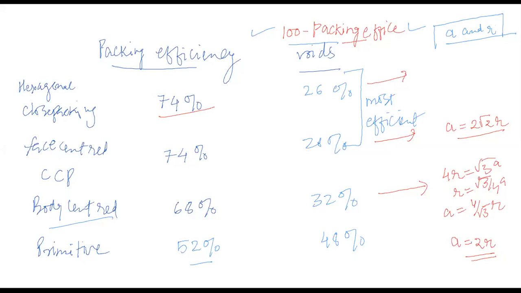A under root 2 upon 4. Can you repeat, please? What is the relationship between A and R in the hexagonal close packing? A under root 2 upon 4 equals R.